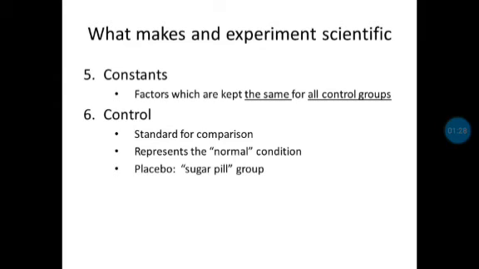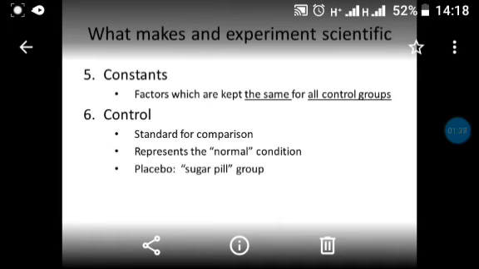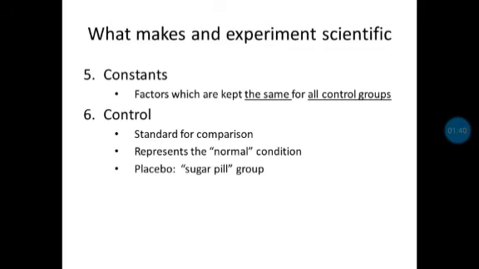There are also some constants that we incur in our experiment, such as the factors which are kept the same for all control groups, whether for placebo or for normal condition or for standard comparison, or for independent and dependent variables. They remain constant throughout the experiment.